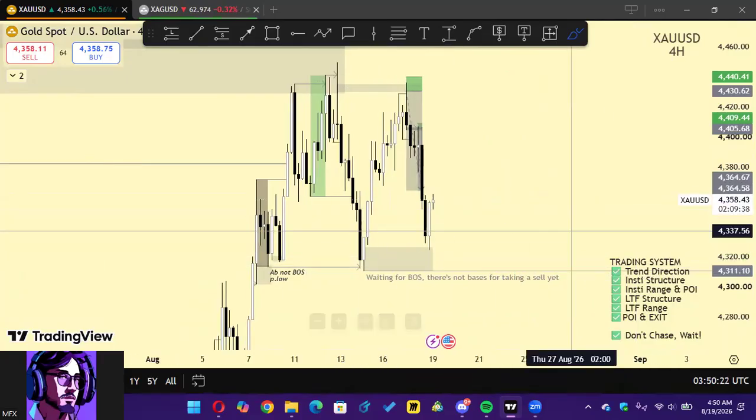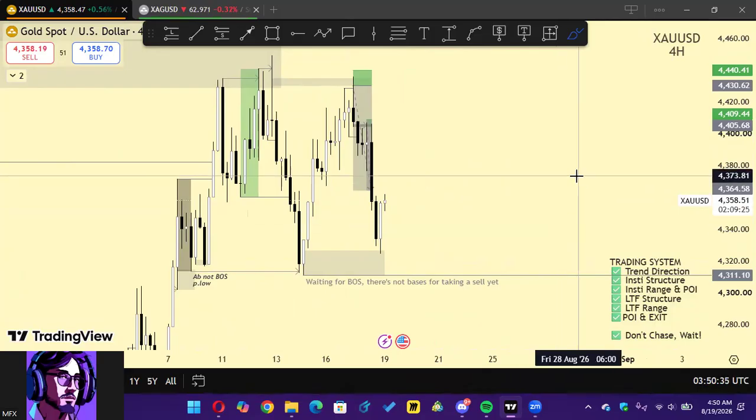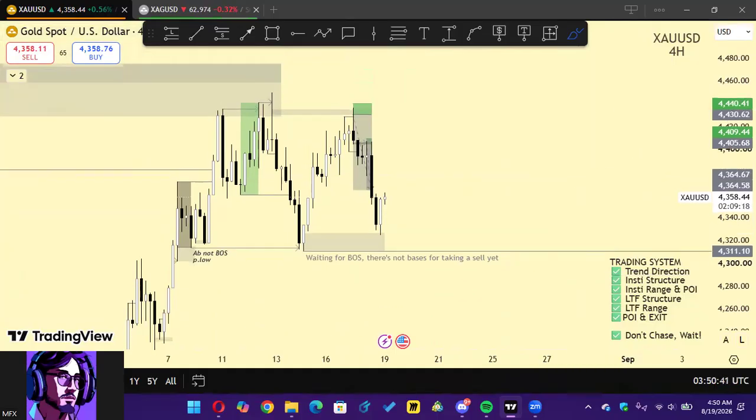When I saw this, I was still certain because of the institutional POI that is mitigated, the liquidity grab without the candlestick body close on our daily time frame, and every other institutional law that is playing out to show us that price is going to retrace after mitigating this institutional POI.